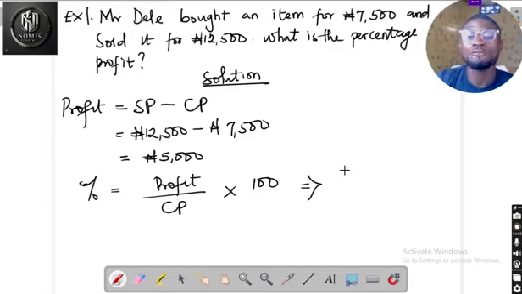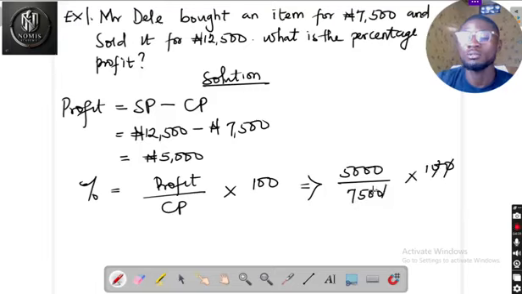Profit is 5,000 divided by cost price, which is 7,500, multiplied by 100. So 0 cancels 0. Dividing by 5, I have 1,000 divided by 15.